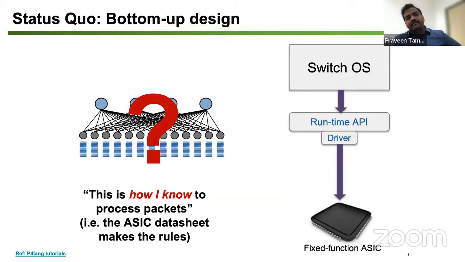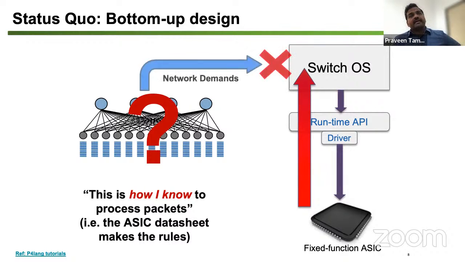Then I find the best switch ASIC, and I pick that. Once I pick that ASIC, I am restricted to the drivers running on that switch, or the control plane interface to that switch that is also provided by a third-party vendor. So it's essentially following a bottom-up approach.